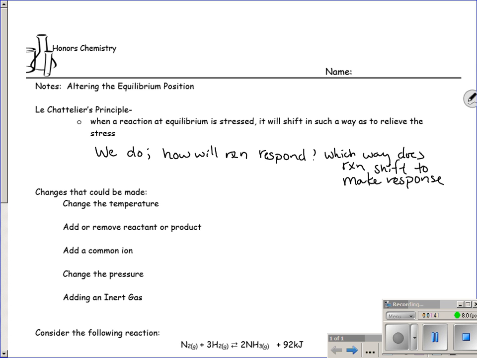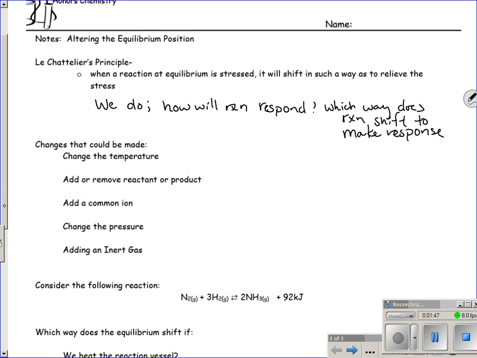So here's the thing, we say that an equilibrium reaction will either shift left or shift right. When I say shift left, what I'm saying is that the reverse reaction is going to run. So we have the forward reaction and the reverse reaction.